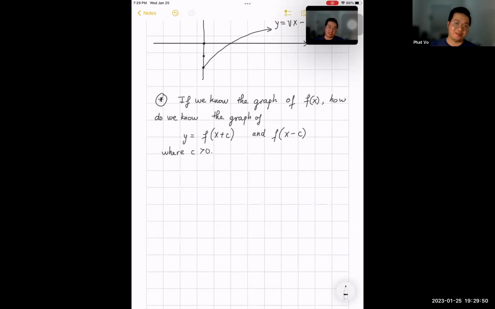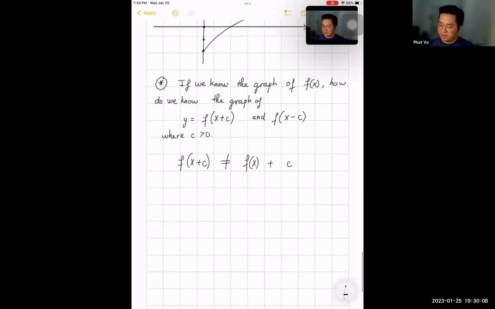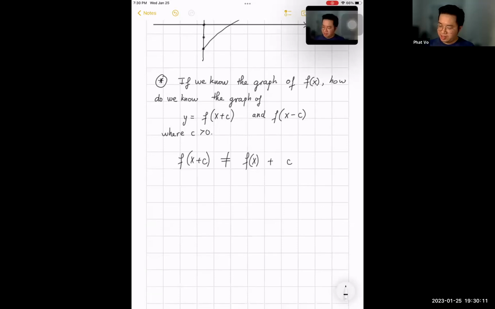Be careful, some of you might make a mistake. f(x plus c) is different from f(x) plus c. It's very different. For example, when I consider the function f(x) equal to x squared, f at x plus 1 is x plus 1, all squared.